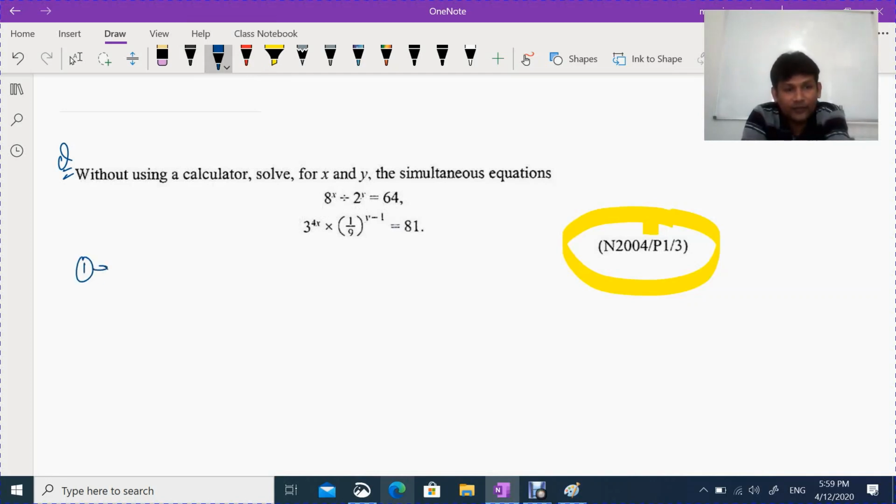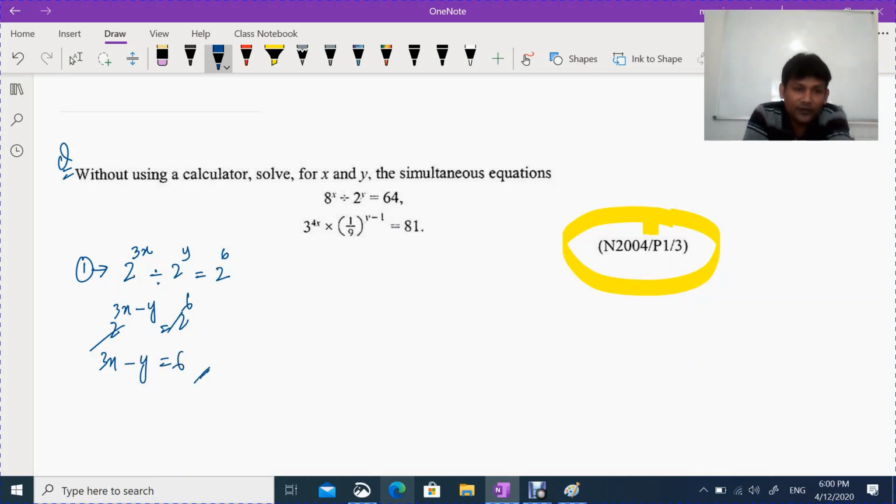Using the first equation, 2 cubed means 2 power 3x, divided by 2 power y, is equal to 2 power 6, which is 64. Then we can make the same bases and division means the powers will subtract. Then after comparing the bases, you can equate the powers, and that is your first equation.